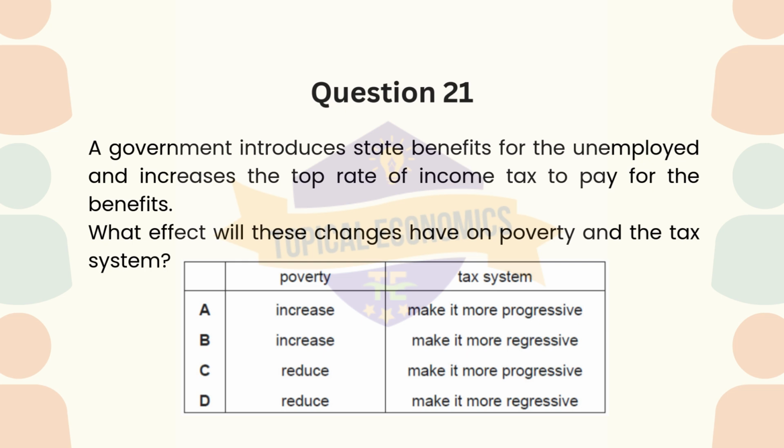Whereas option D, reduce poverty, make it more regressive. Here again, a regressive tax system would disproportionately burden low income individuals, which contradicts the intended progressive nature of the tax increase. The correct answer for this question is option C. Reduce poverty and make the tax system more progressive.